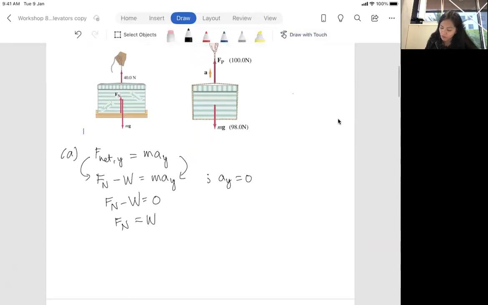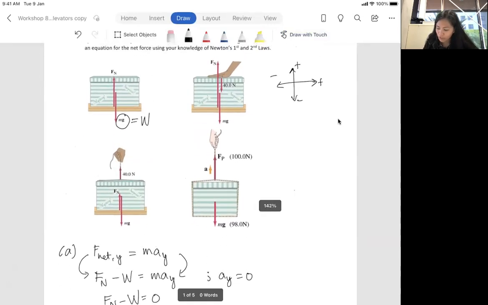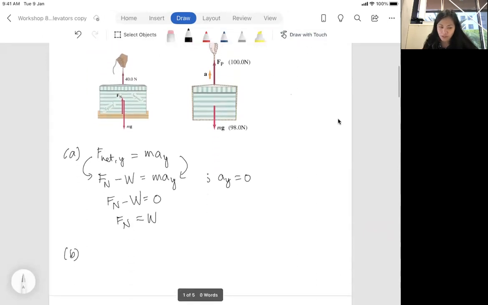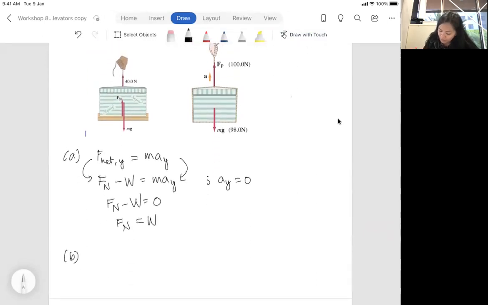Okay, for the second scenario, we have 3 forces now. Still, you have the normal force and the weight force, but there's a push force that's downwards and 40 newtons. So we do again net force along the y, because all the forces are shown to be along the y.